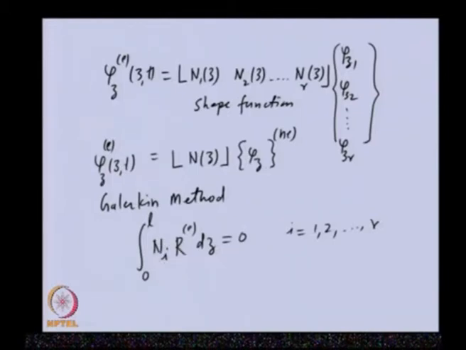Let us see the residual, because we earlier derived the governing equation which had this form for a continuous system. This is the double derivative with respect to time. This is a function of both z and t.